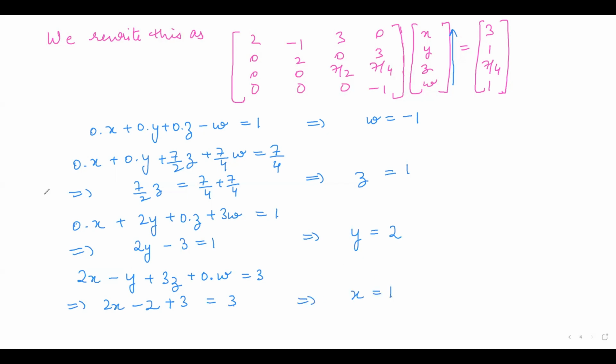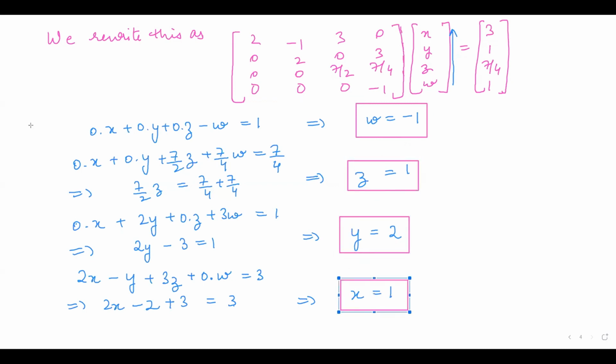So ultimately, or finally, we are getting these values as my solution. So we can also write the solution of the equation x, y, z, w would be 1, 2, 1, minus 1. So this is our solution using partial pivoting.